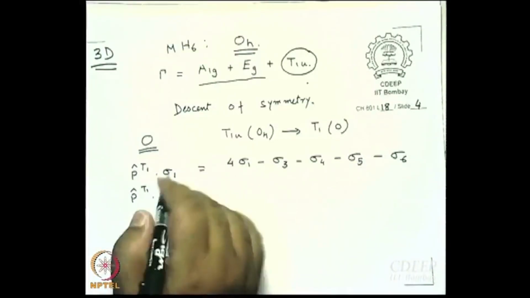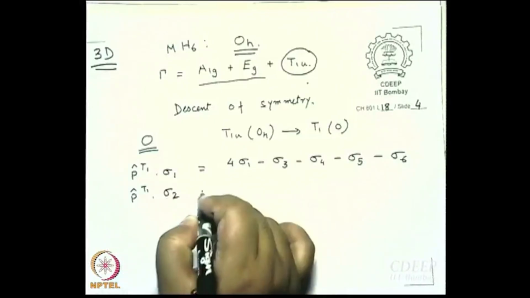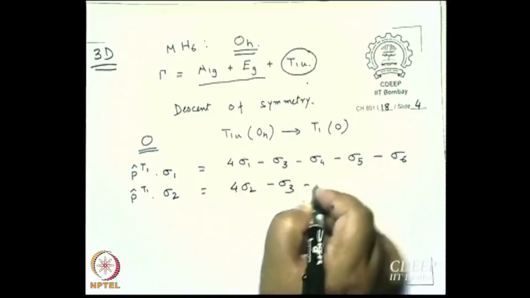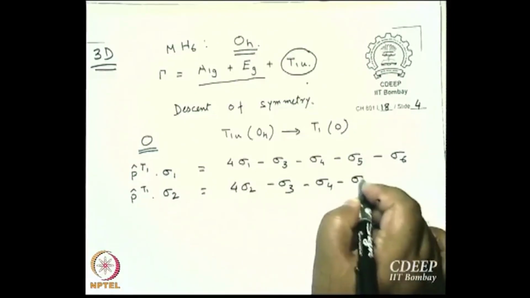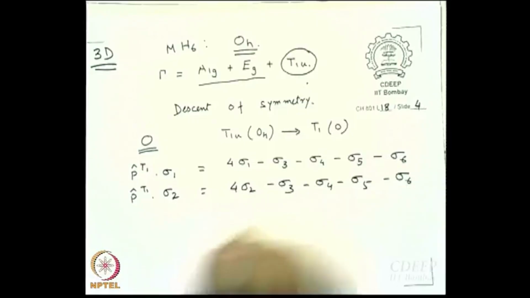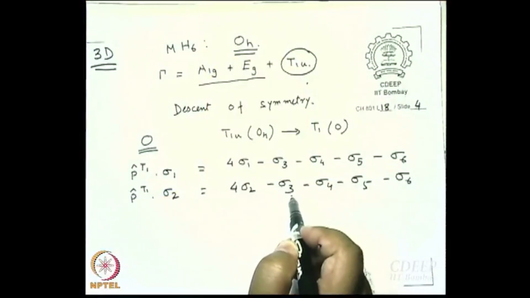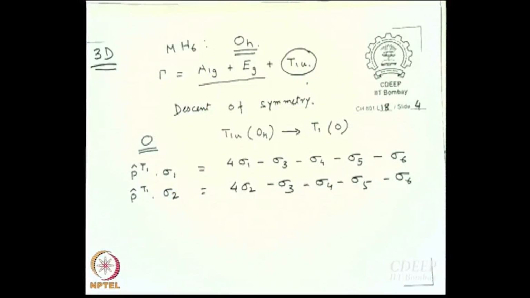So, what I will do is make this projection operator operate on sigma 2 now, and the answer I get is 4 sigma 2 minus sigma 3 minus sigma 4 minus sigma 5 minus sigma 6. So, now tell me, are they orthogonal to each other? Minus multiplied by minus, fortunately or unfortunately, is plus. So, minus sigma 3 into minus sigma 3 is plus sigma 3 square, which is 1.